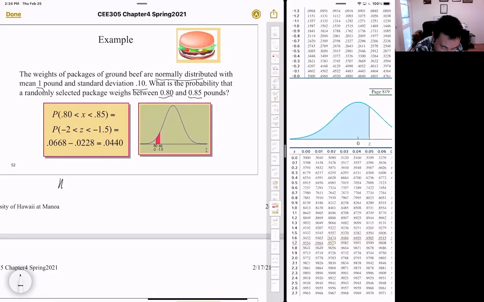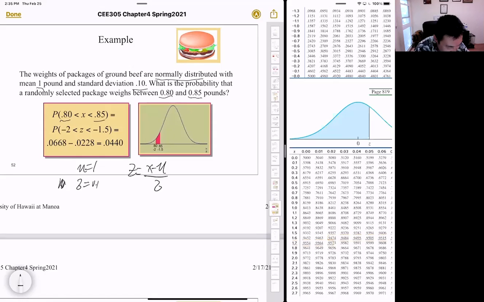Mean value 1, sigma 0.1. The Z score is X minus mu over sigma. The question asks between 0.8 and 0.85.